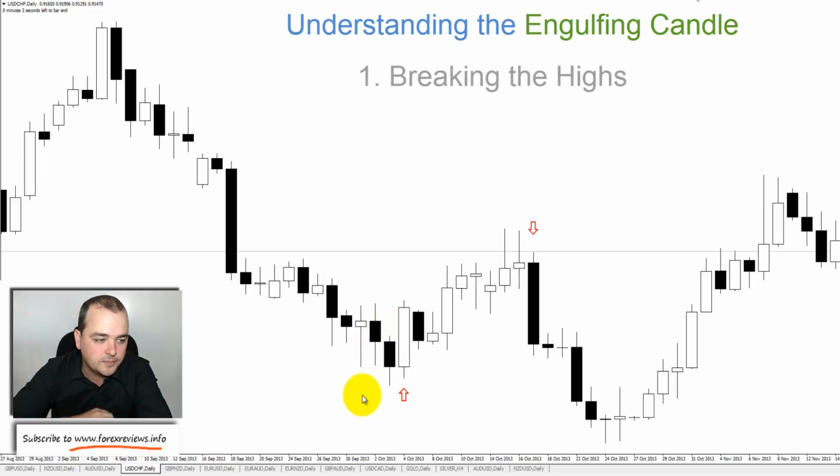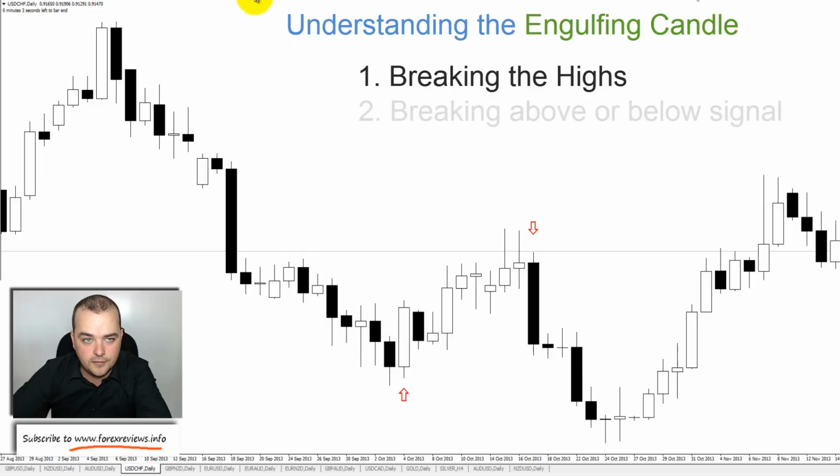So that's number one, which is a very important thing. You'll always find there will be an engulfing candle at the beginning of every single trend change, whether it's short term or long term.